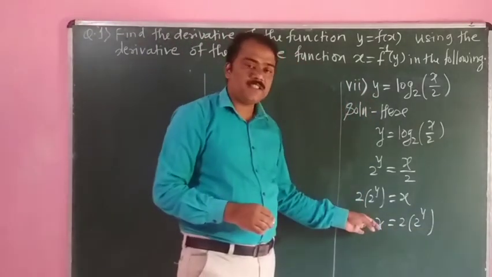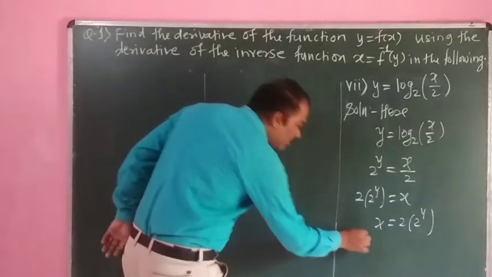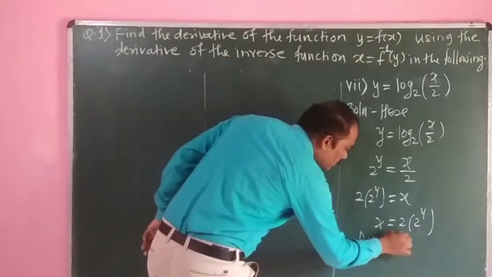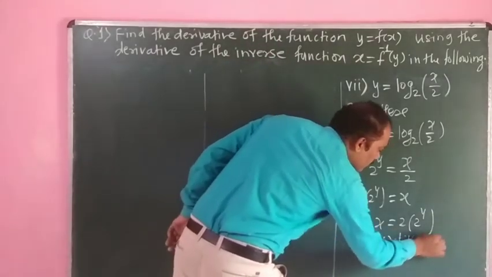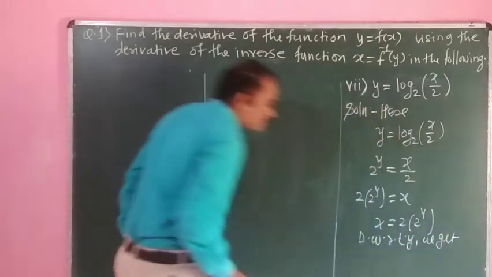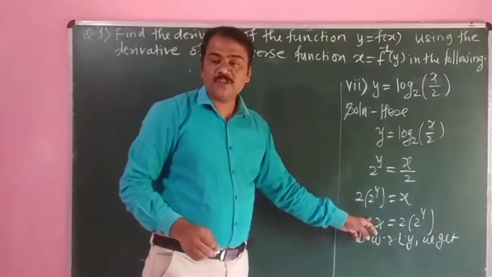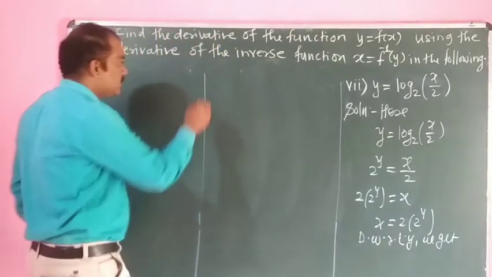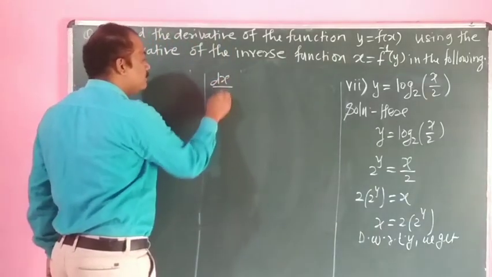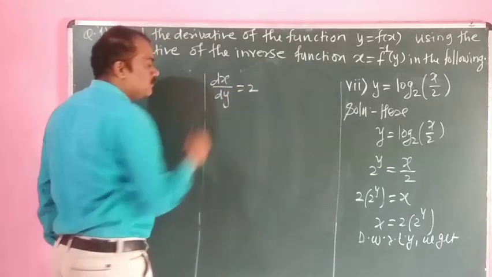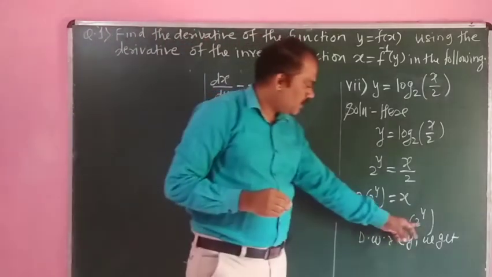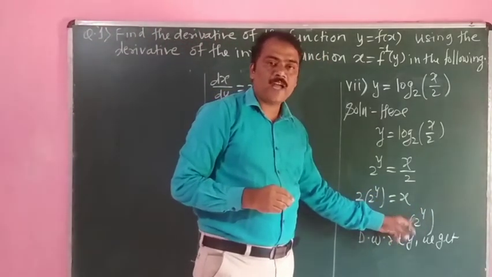Now we have to differentiate with respect to y. Differentiation of this x with respect to y is dx by dy. 2 is a constant, so we take it outside the derivative. Now we differentiate 2 raised to y with respect to y.